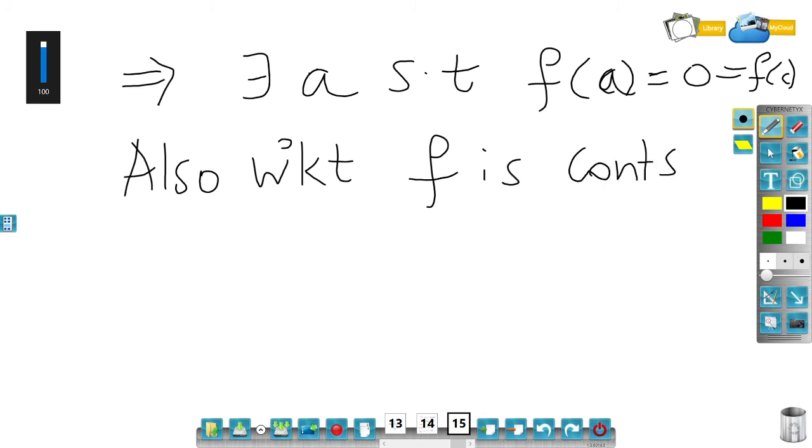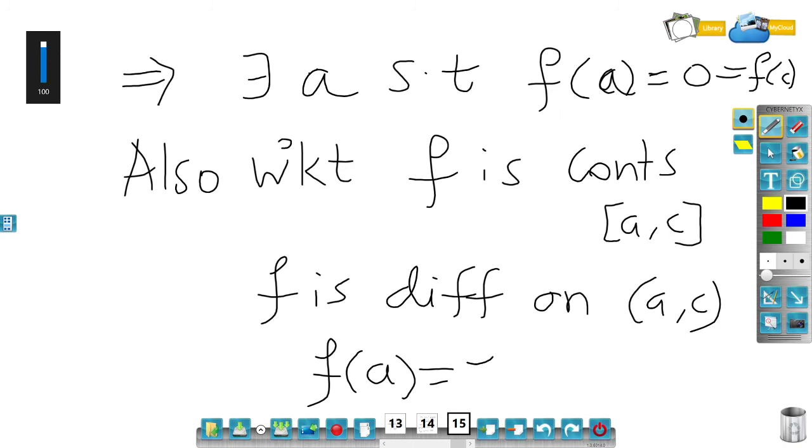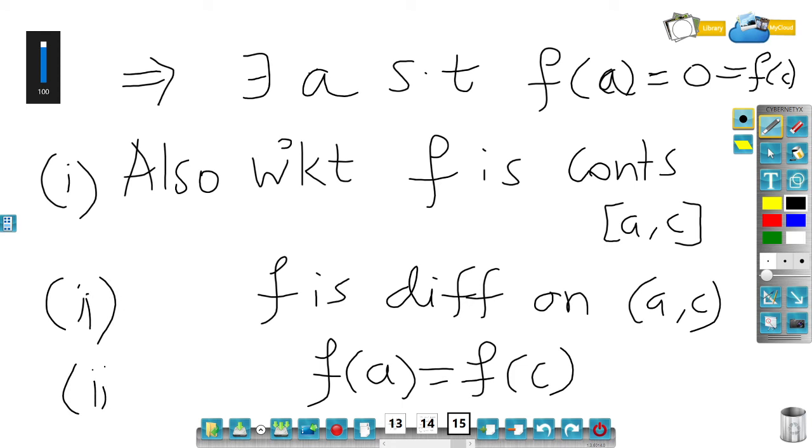Since it's a polynomial, on the entire R it is continuous. To be specific, let's say it is continuous on the interval a to c. F is differentiable on the open interval a comma c, and f at a is the same as f at c. So this means that we are allowed to apply Rolle's theorem.